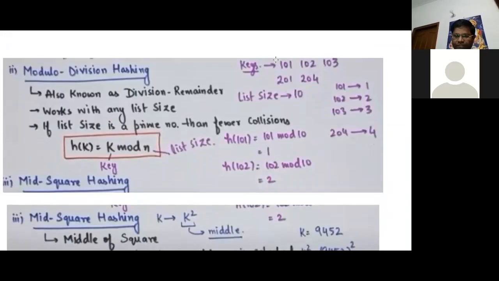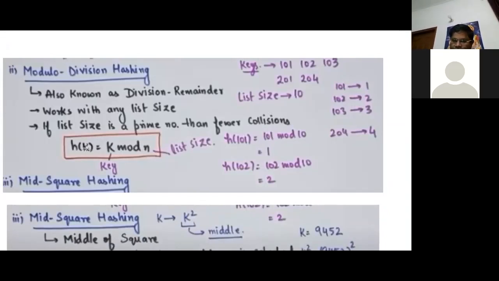Suppose we are given the key values 101, 102, 103, 201 and 204. We have to calculate the hash function of these key values using the formula k mod n.